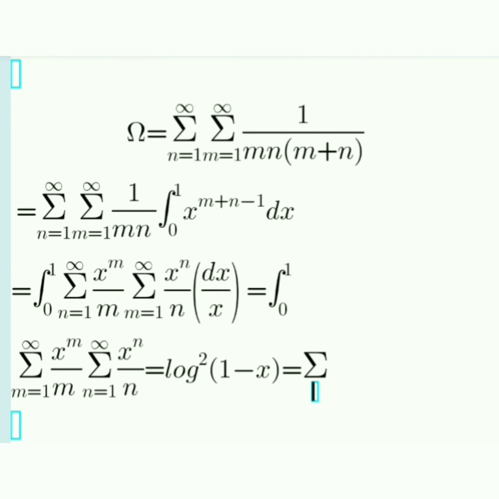According to the Cauchy product, I can write m equals 1 to infinity, and n equals 1 to infinity, and after that k equals 1 to n of 1 by k into (n minus k plus 1).